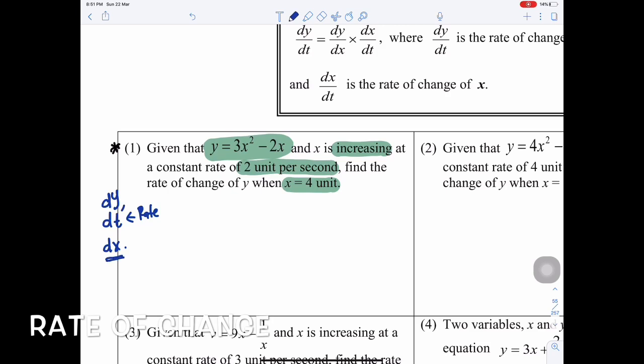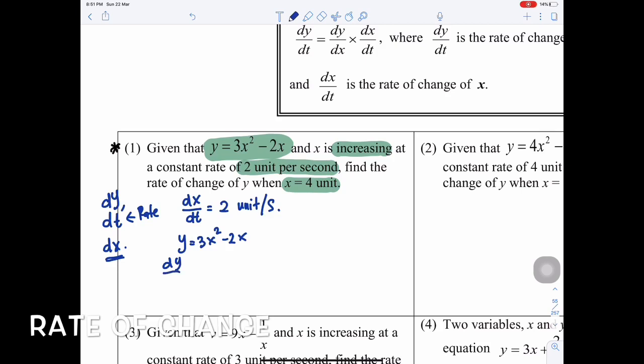Collect the information given. 2 units per second. So unit brings dx, second means dt. This is the information given. Then, since it is a polynomial, y equals 3x squared minus 2x.